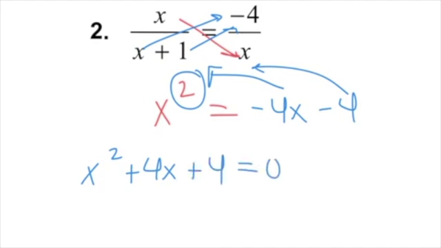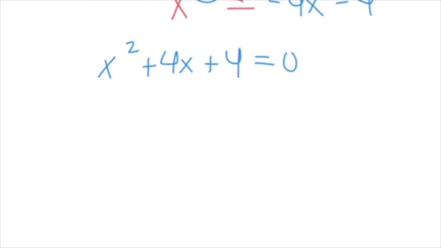Now, just like with anything in math, there are multiple ways to solve quadratic equations. You could put that into the quadratic formula and get your two answers, or you could realize that this is factorable. What multiplies to be 4 and adds to be 4? Well, it's 2 and 2.